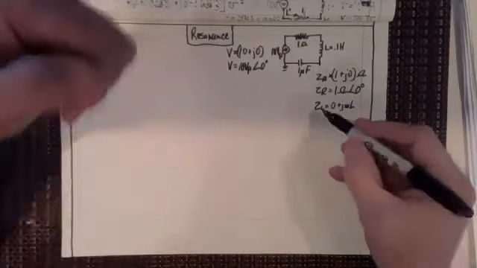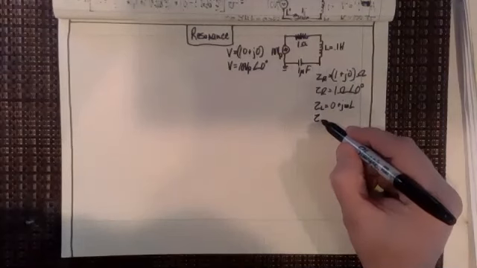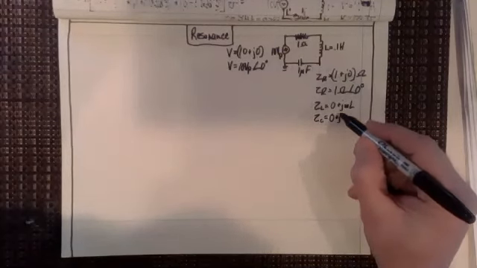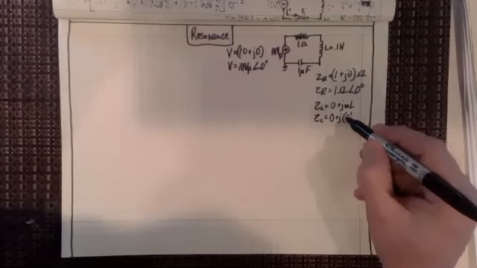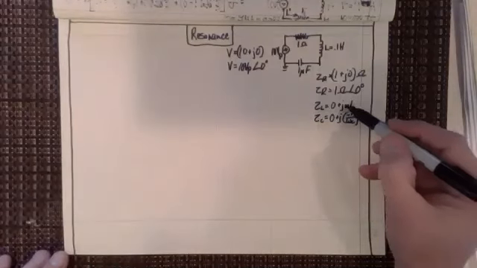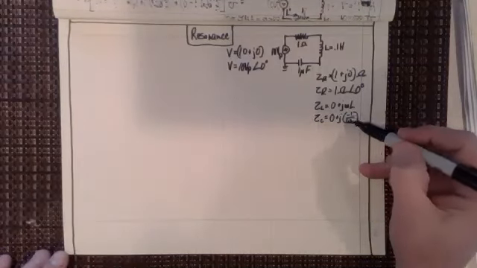And then for Z sub C, I think everybody can see that we've really got 0 plus J times minus 1 over omega C.